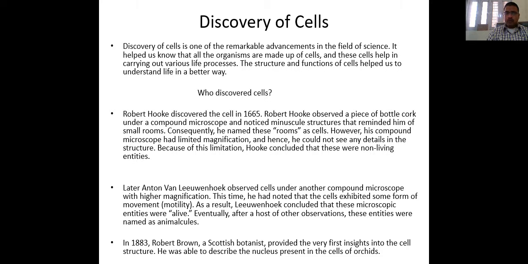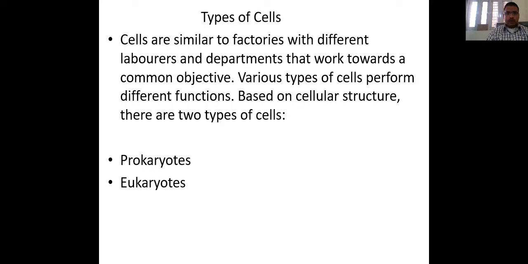Now we are going to discuss the last topic which we left yesterday, that is the types of the cells. Think of a factory, where there are a number of workers and a number of departments, and these departments and workers, or labor, have a common objective to complete their task.